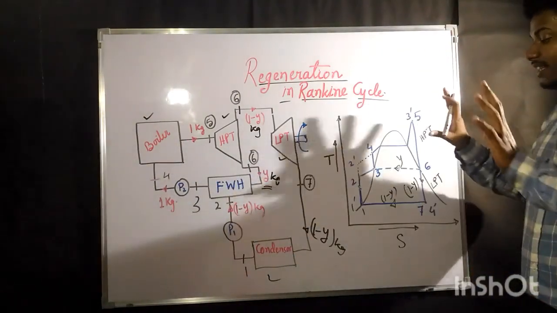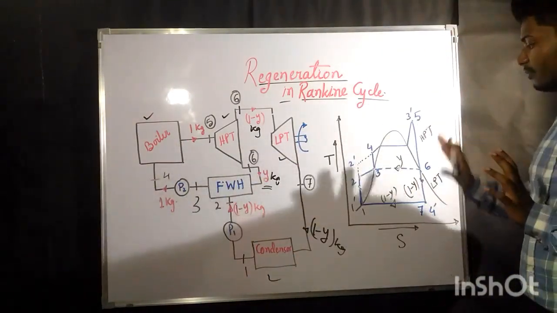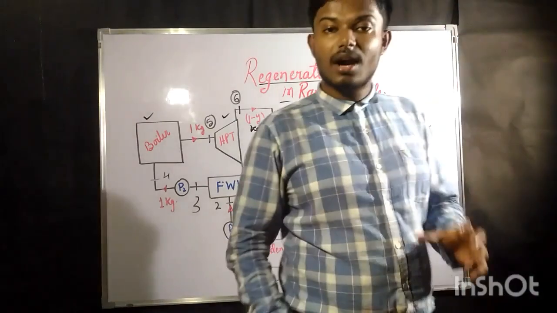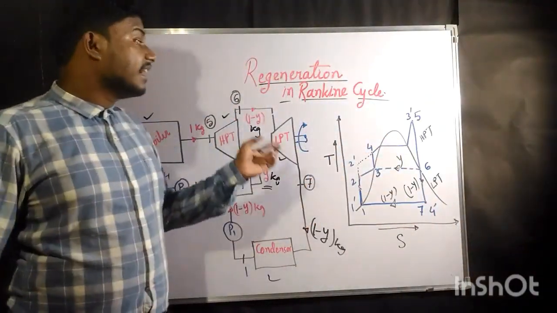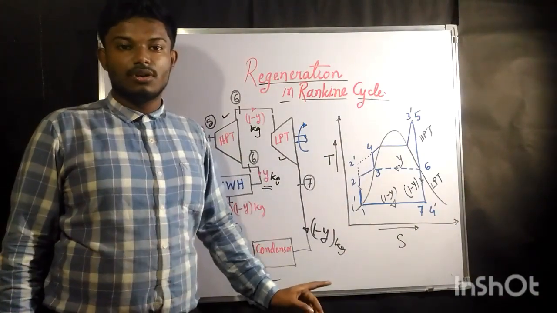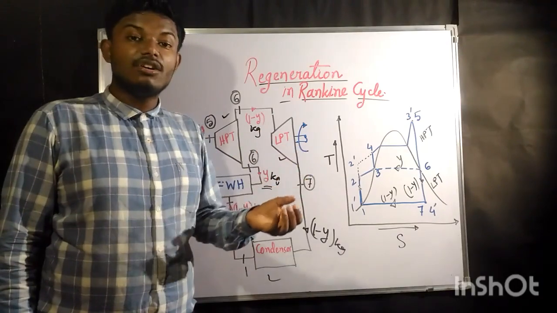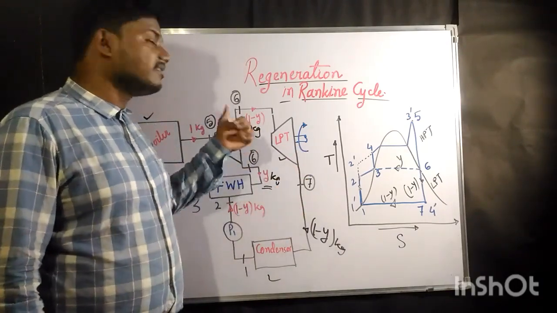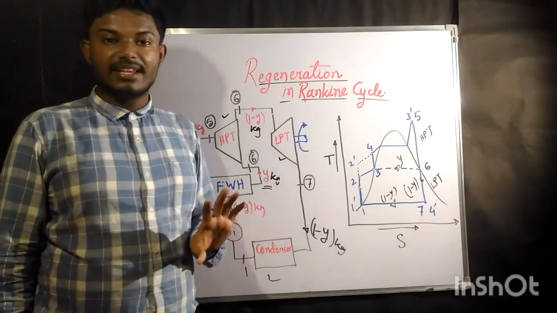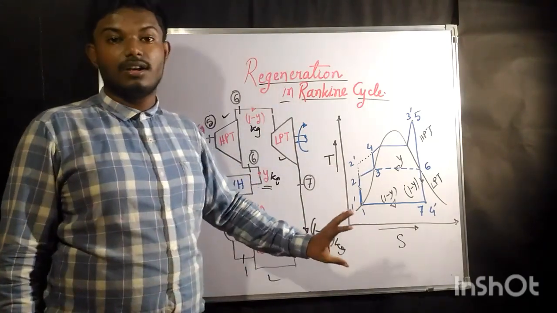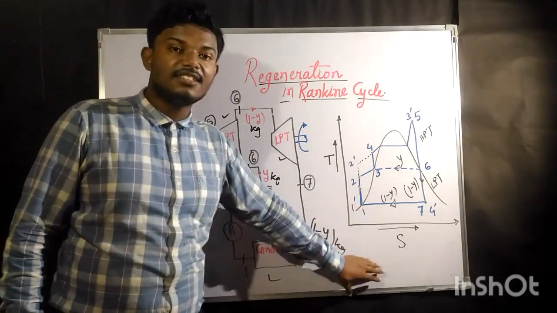So the remaining things are going to be the same, but the only thing is here part of the steam is going to come out, which is going to heat the remaining part of the steam. So it is a kind of preheating. Preheating of the steam is going to take place in this regeneration cycle, and here the efficiency is going to increase.